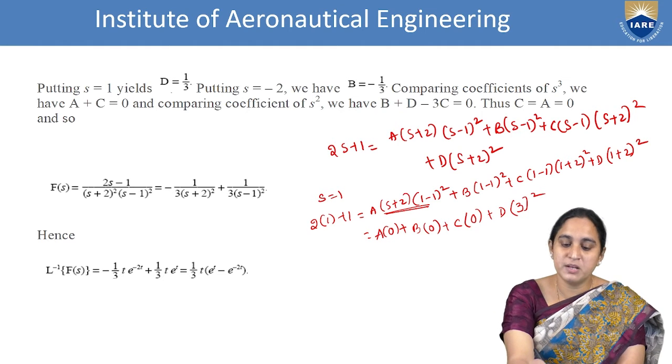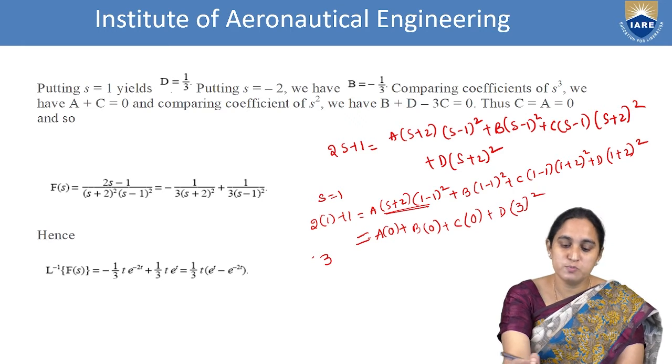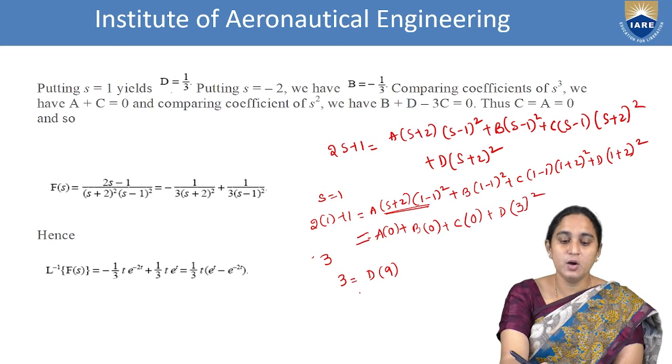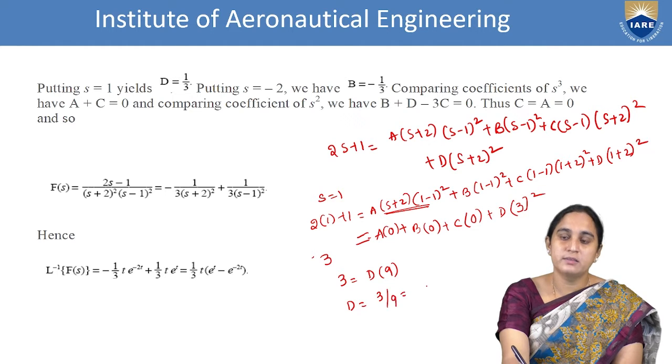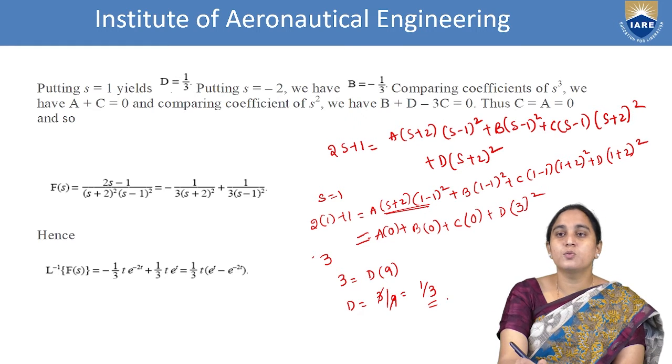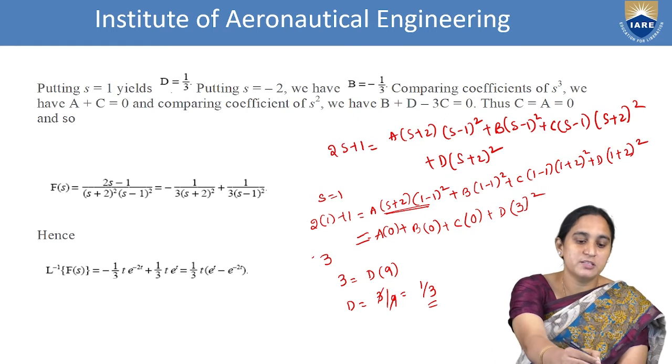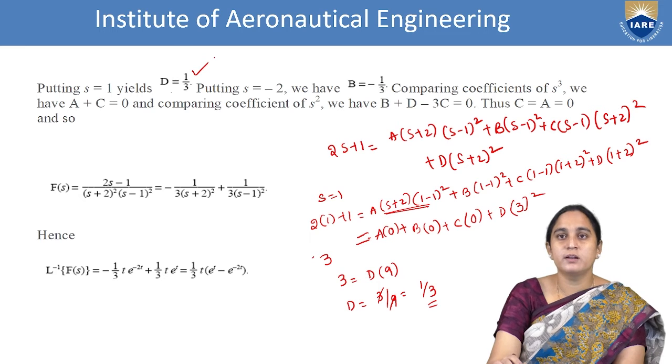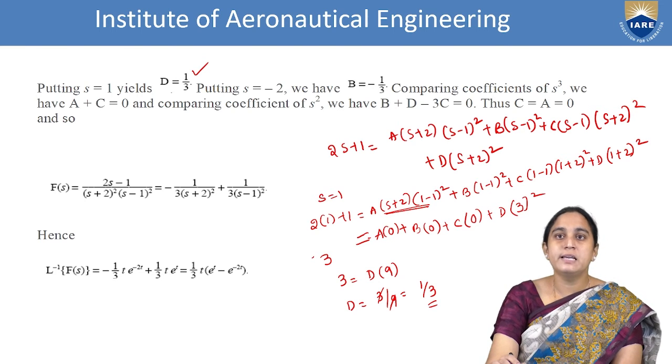Therefore, substituting s is equal to 1, 2 plus 1 is 3. From that, 3 is equal to d of 9. Therefore, d is equal to 3 by 9, that is 1 by 3.